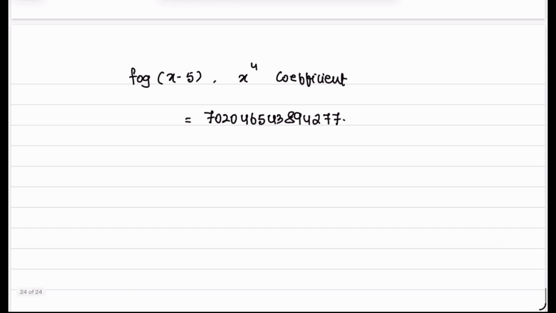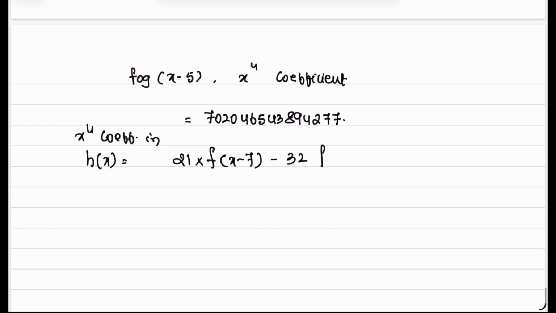Ultimately, what we wanted is h(x), the x to the power of 4 coefficient in h(x). That is equal to 21 into the function x minus 7 minus 32 into fog x minus 5.